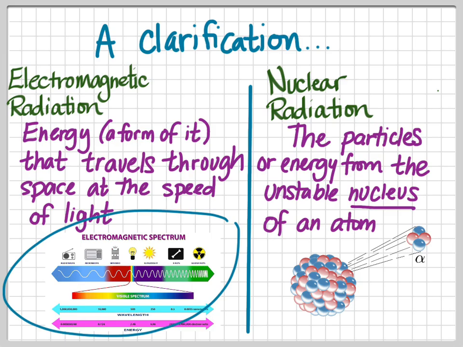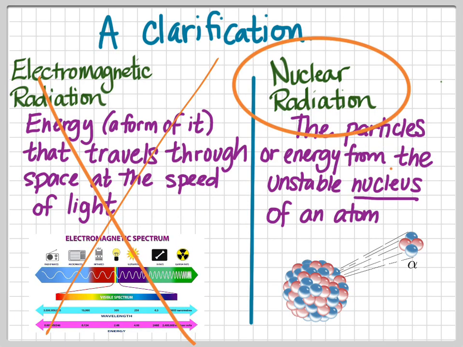Nuclear radiation is actually the particles or energy that an unstable nucleus emits or sheds or kicks out into the world. We will not be talking about electromagnetic radiation at all right now. Everything that we're going to talk about relates to nuclear radiation. So again, particles or energy released from the unstable nucleus of a radioactive atom. Sometimes those radioactive atoms are called radioisotopes.